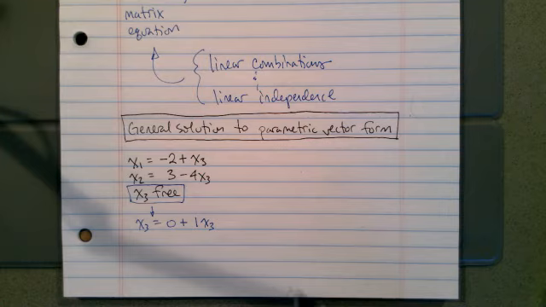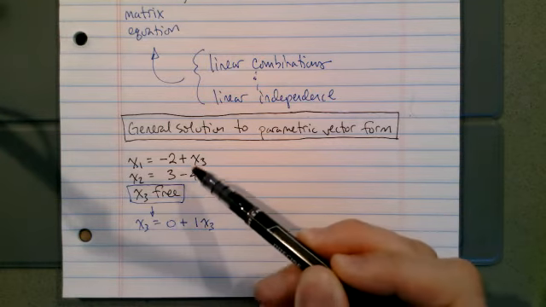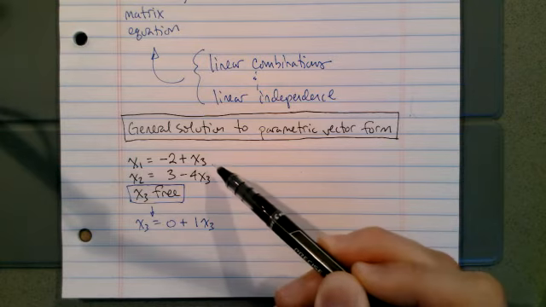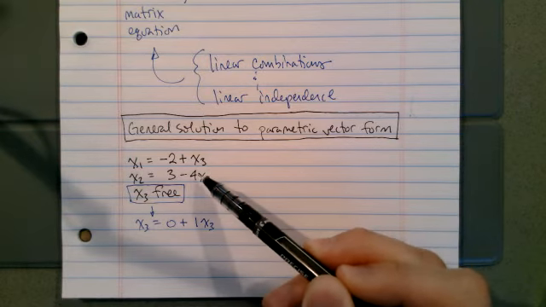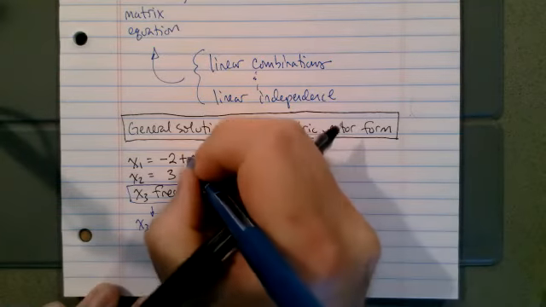And now we can see that x1, x2, and x3 is a linear combination of this constant, -2, 3, and 0, plus x3 times this vector, 1, -4, and 1. So I'm going to explicitly write the 1 in front of the x3.